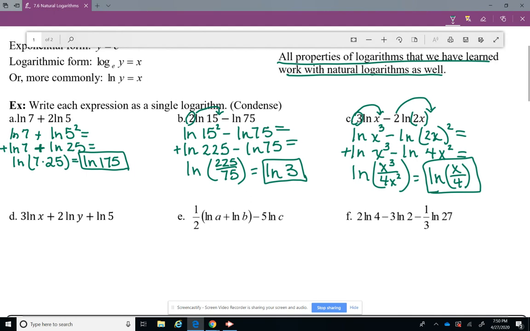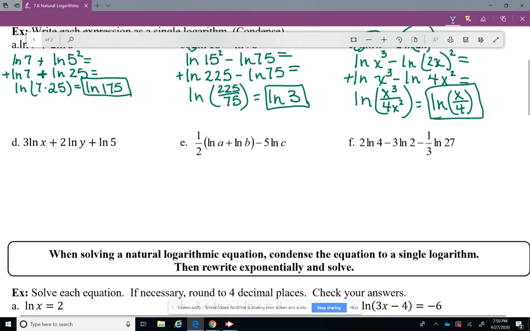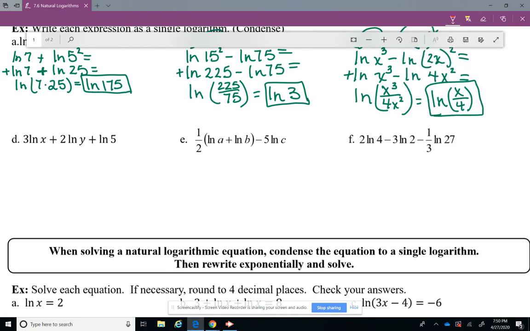All right, let's go look at D. We have this becoming the exponent, this becoming the exponent, and that one doesn't have an exponent. So the natural log of x cubed plus the natural log of y squared plus the natural log of 5.